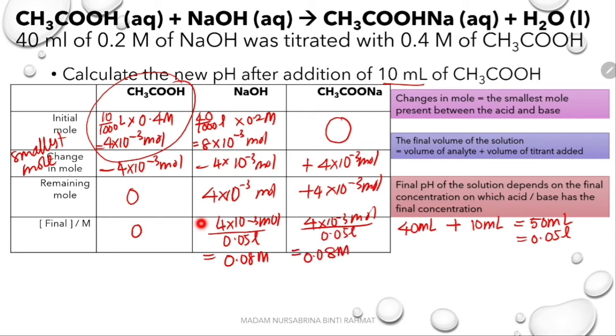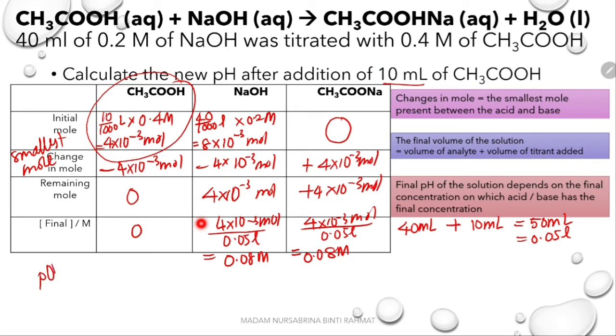Okay, but in the solution we have excess NaOH and our salt that is forming. So they cannot work as a buffer component because they do not have a common ion between them. So the calculation of pH is simply based on our NaOH.